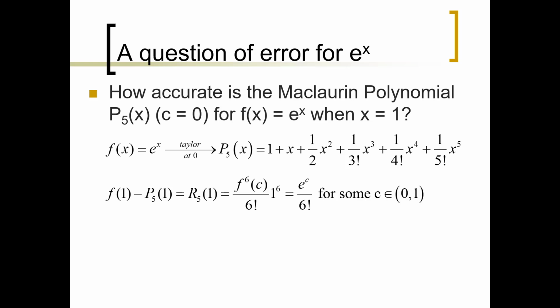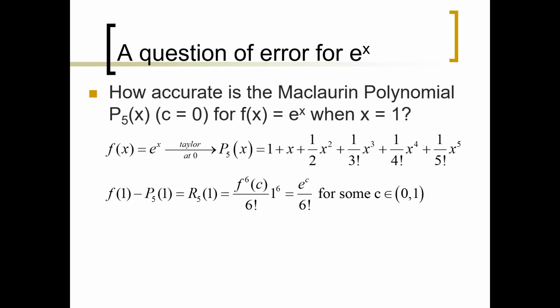So the difference between the function and the 5th order polynomial at 1, called the remainder term, evaluated at 1. But Taylor's theorem says that that is equal to the 6th derivative of the function, evaluated at c, over 6 factorial times 1 to the 6th. Now, notice how the subscript for r is 5, and how everything is a 6 power, 6 factorial, 6th derivative.